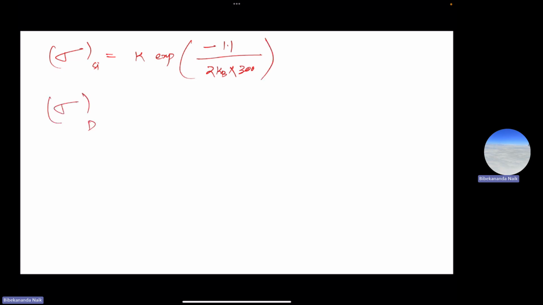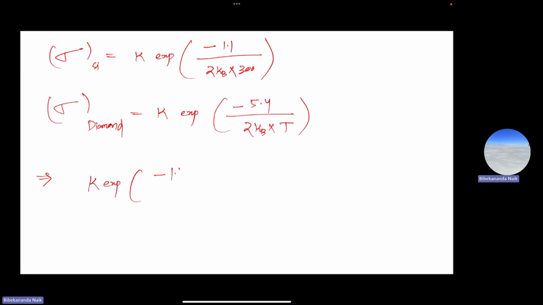For diamond it is K exponential minus 5.4, the band gap energy for diamond, divided by 2 kB into T. If we equate these two, then we get K exponential minus 1.1 by 600 kB equals K exponential minus 5.4 by 2 kBT.